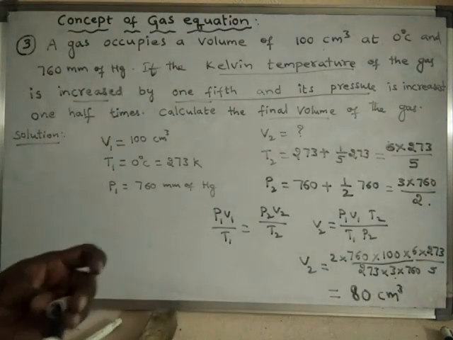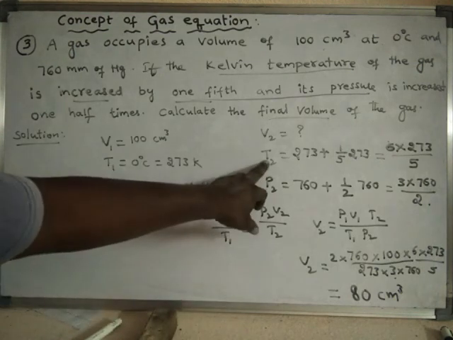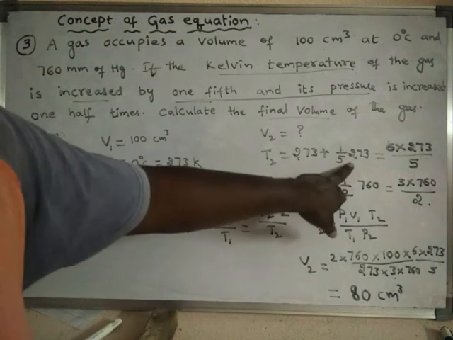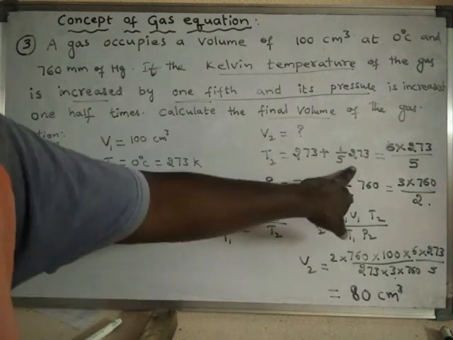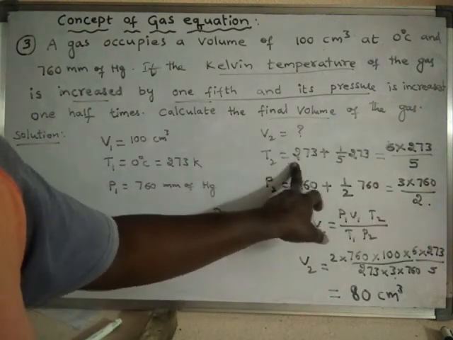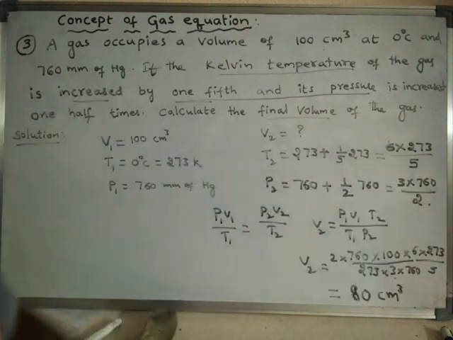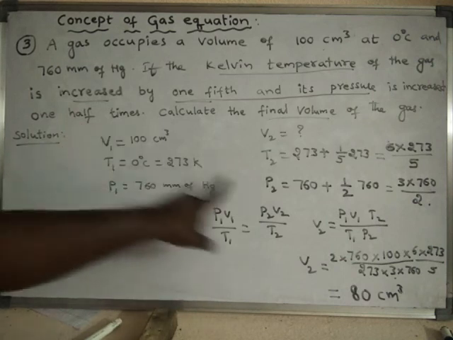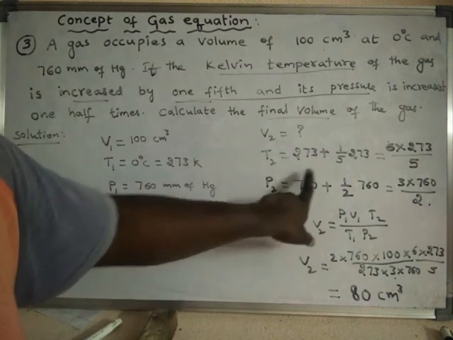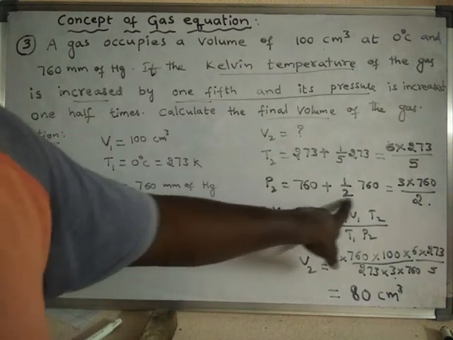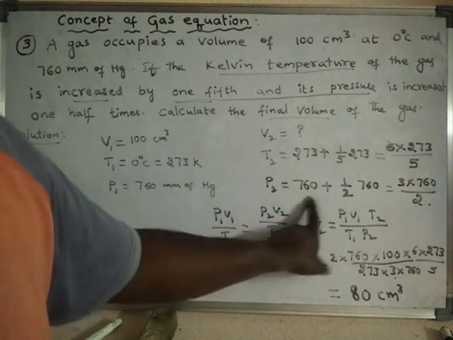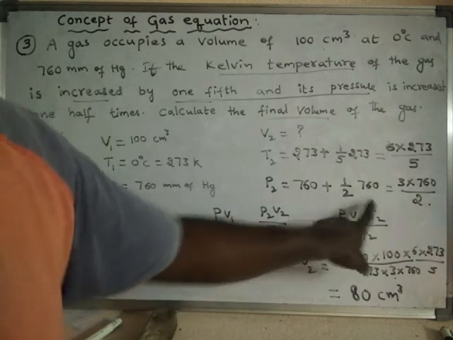When the Kelvin temperature is increased by 1/5, you will get the new temperature as this much. And if the pressure is increased by 1/2, this is the initial pressure and this is the increased pressure. So the final pressure will be this much.